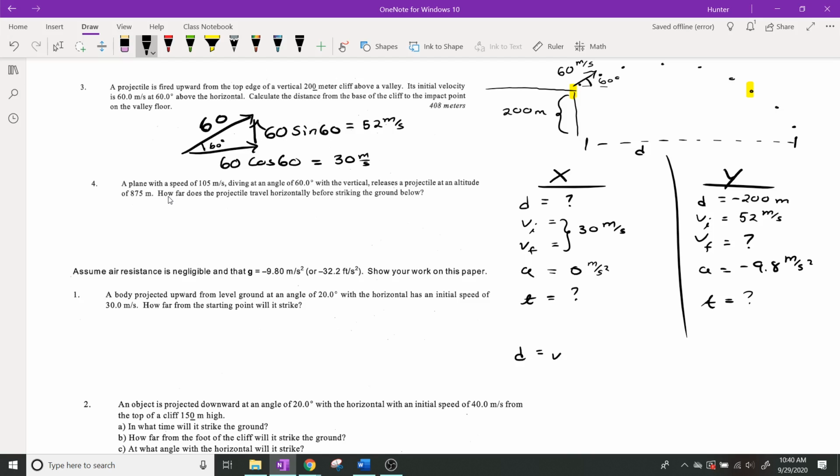Displacement equals VI t plus 1/2 a t squared. So we know the distance is negative 200, and that's equal to 52 times time plus 1/2 negative 9.8 times time squared.